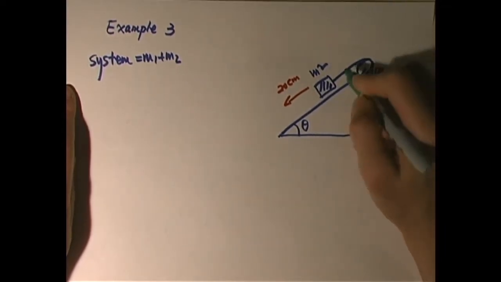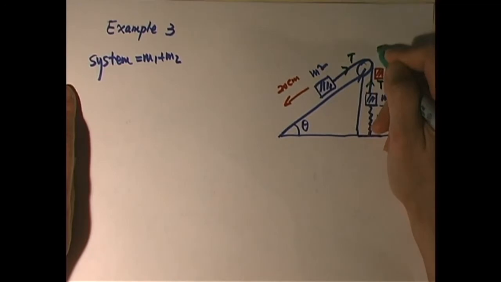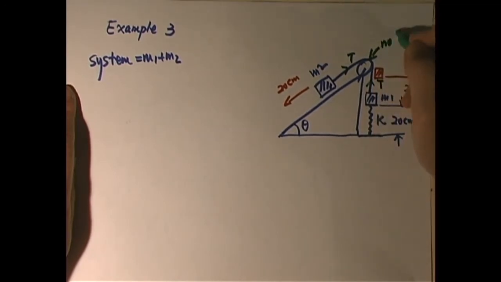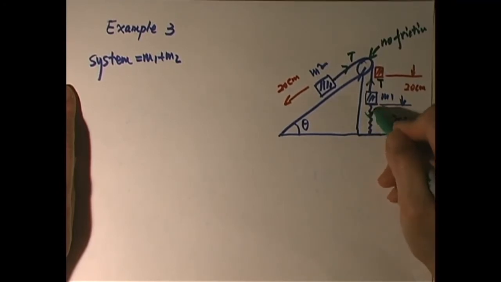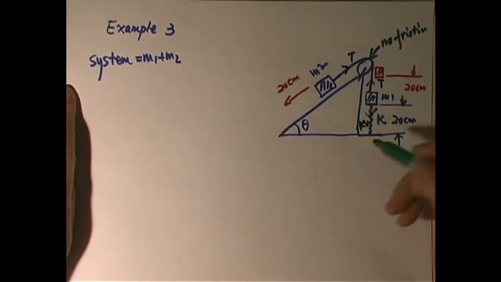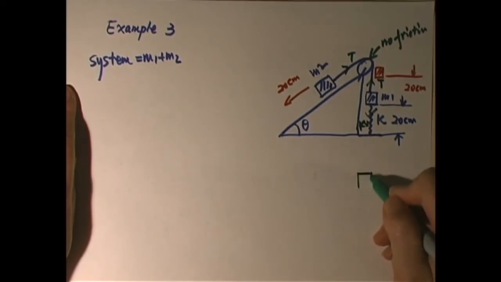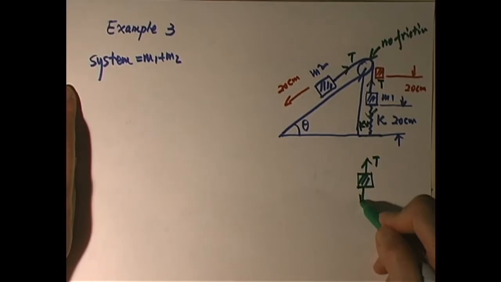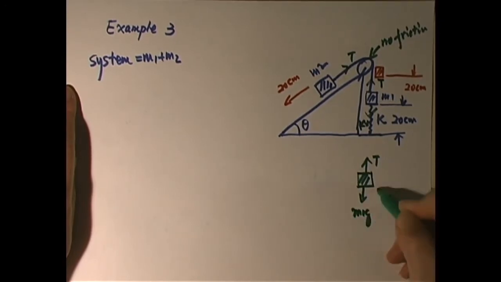The internal is non-frictional again, no friction here, no friction. The external here has a Kx force, and also it has M1G. So for the block of M1, T is internal, external is M1G, and the force Kx from the spring.